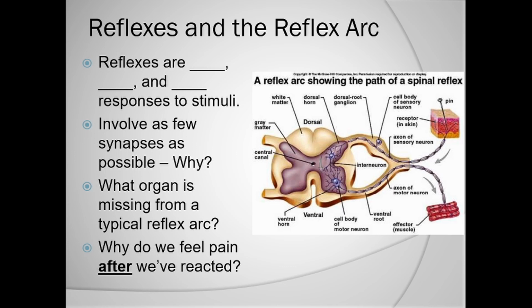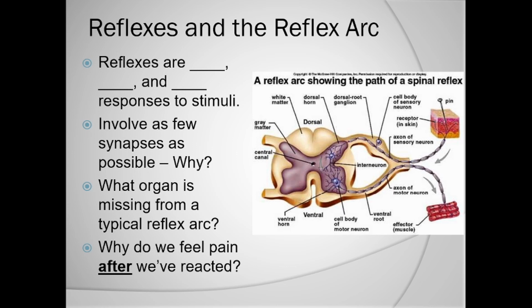That's kind of like what a synapse is. A synapse will slow things down very slightly. And so reflexes, we want to happen very rapidly, like lightning fast. And so there are as few synapses as possible so that the reflex can happen very quickly. Just like if you were driving and there were no red lights or intersections, you could just drive right through and not have to waste time at the intersections and at the red lights. So as few synapses as possible.